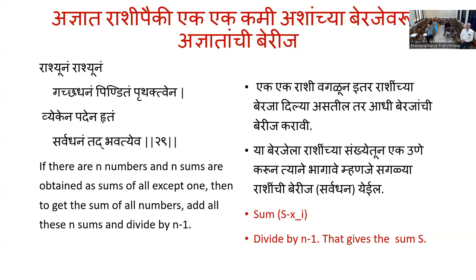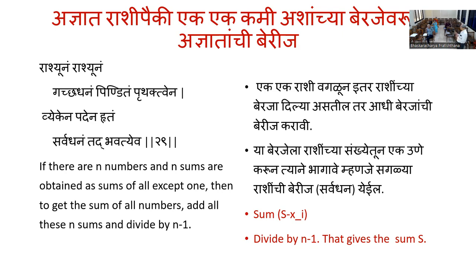So that is how to find the answer. Basically, we are given x1 plus x2 plus x3, x2 plus x3 plus x4, then x1 plus x3 plus x4, and the remaining sum. If these 4 sums are given to you, then you add them, and effectively it becomes the sum of all numbers taken n minus 1 times.